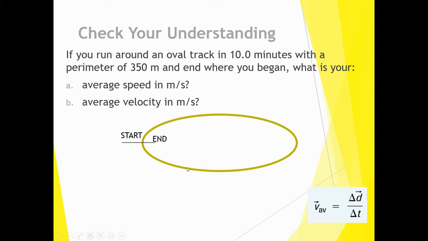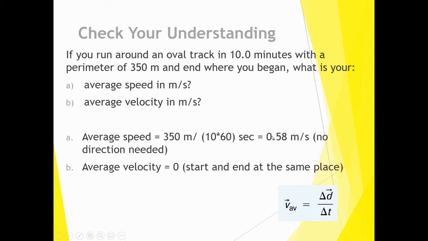Your speed is going to be the distance divided by time, so you're going to have 350 meters divided by 10 minutes, and since they want it in seconds, you're also going to have to multiply 10 times 60. So you end up with 0.58 meters per second, and no direction is needed. So it ends up being 350 divided by 600.